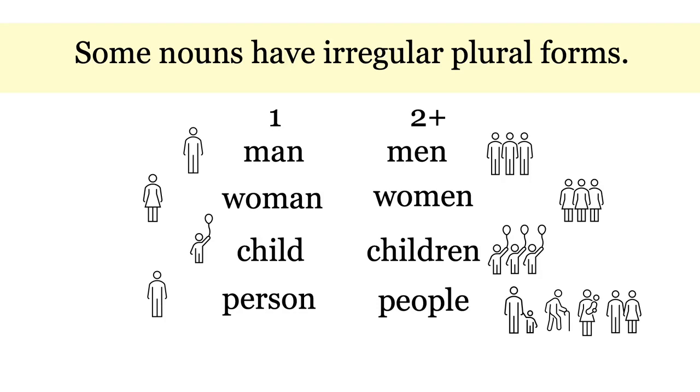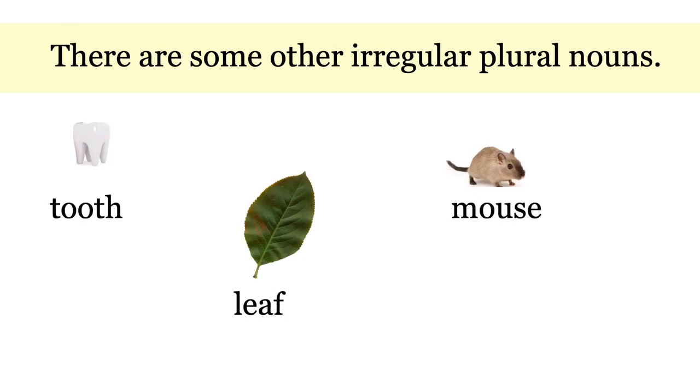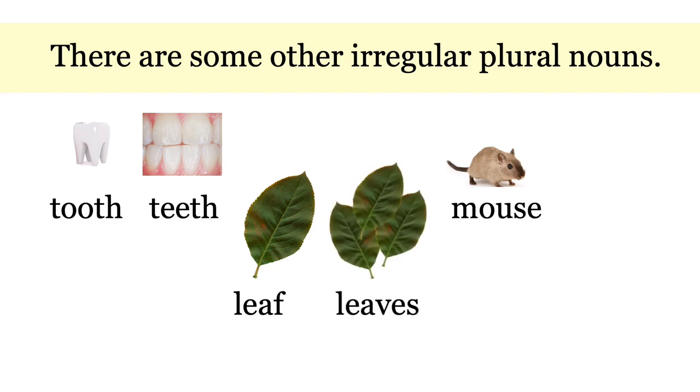They are irregular. There are some other irregular plural nouns. Here are a few examples. 1 tooth, 2 teeth. 1 leaf, 3 leaves. 1 mouse, 2 mice. These are irregular, so we just have to learn them.